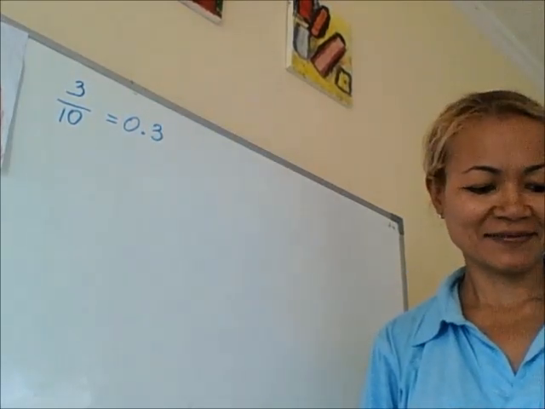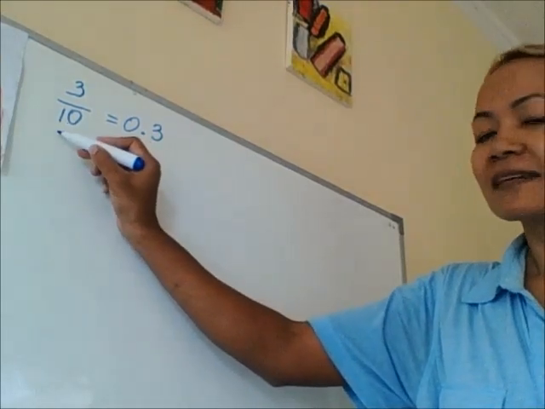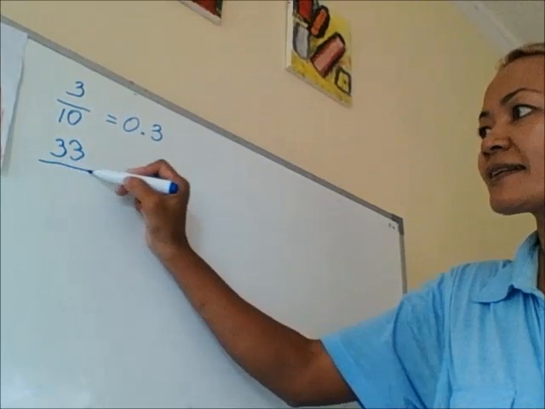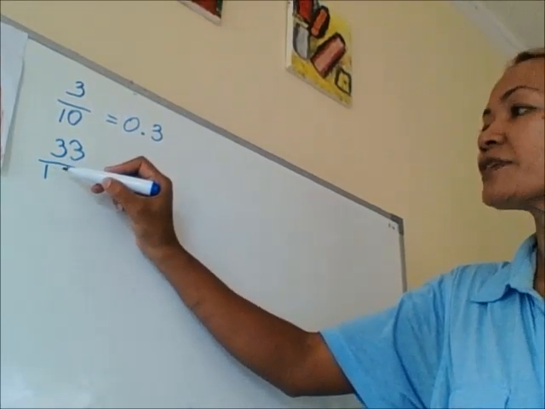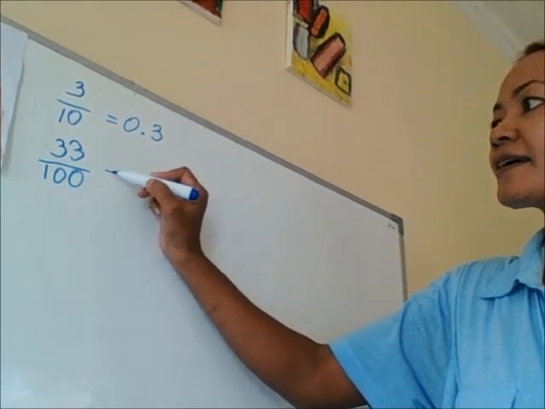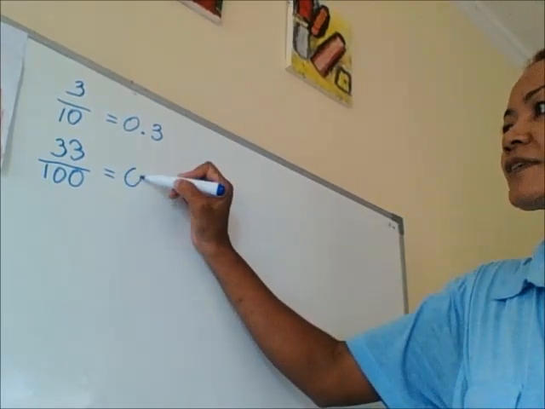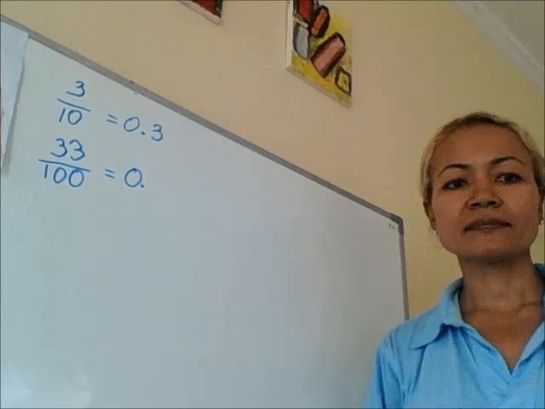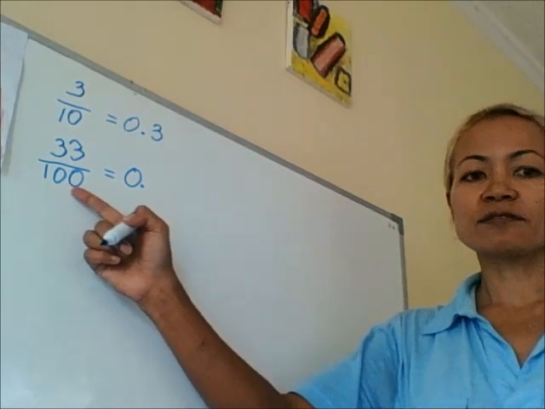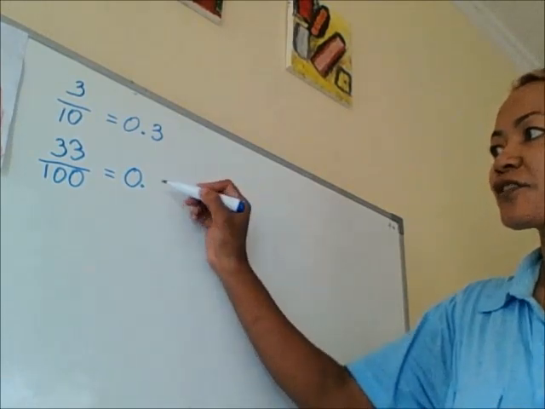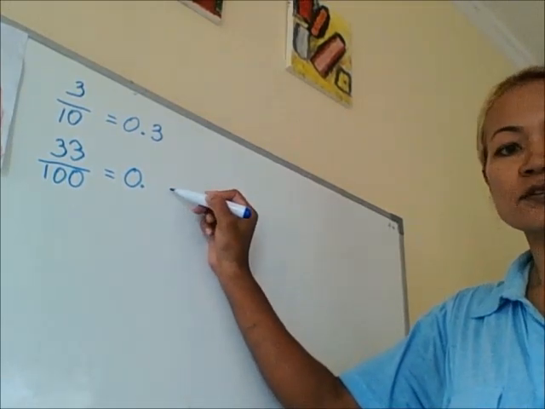What about a very similar one? Just keeping a pattern so you can appreciate the very simple system that's here. Convert that. 2 zeros on the denominator, so you know you'll be occupying 2 spots over here.